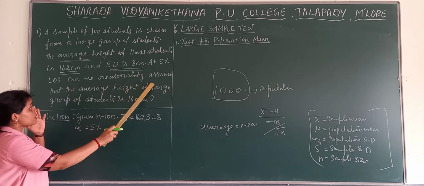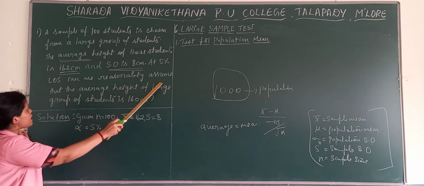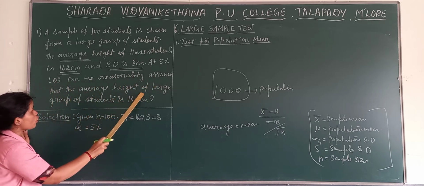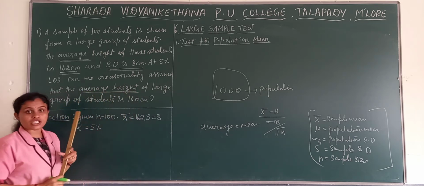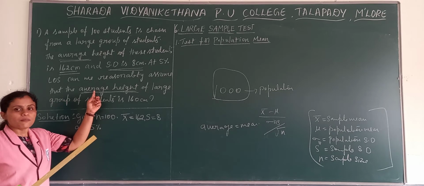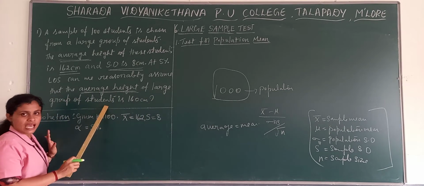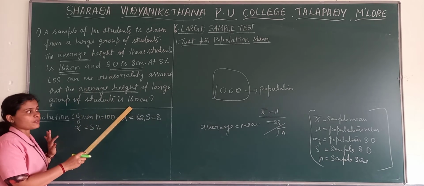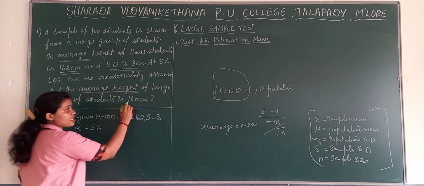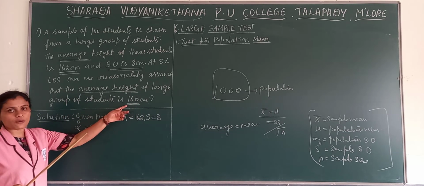Can we reasonably assume? See, this is the question. Can we reasonably assume that the average height, once again, average height is nothing but mean height, of the large group of students is 160 centimeter? So what is this 160? This is the mean height of the large group of students.